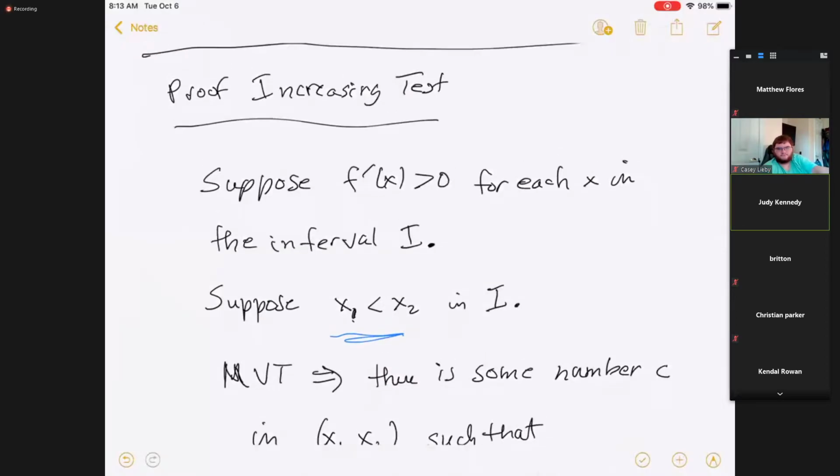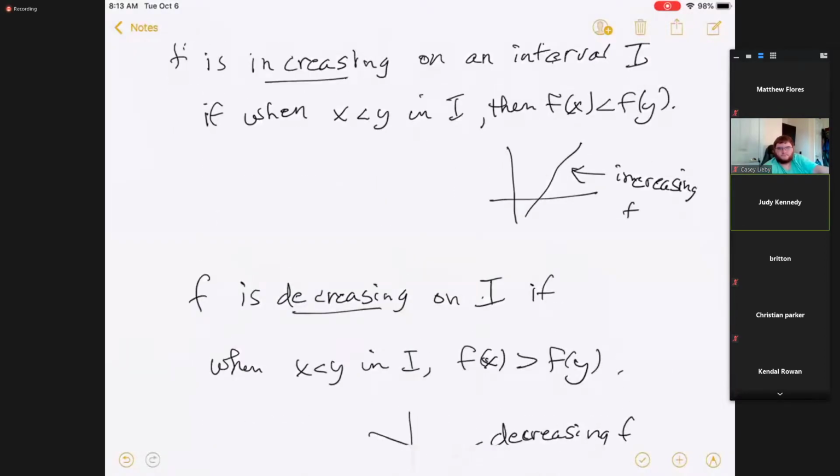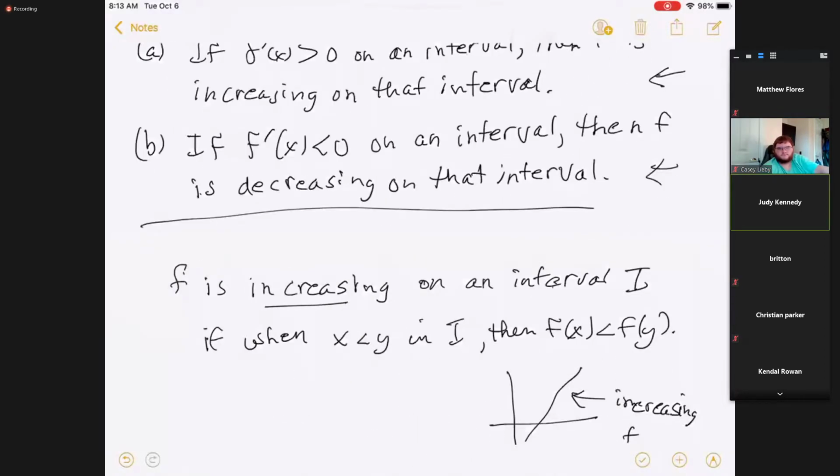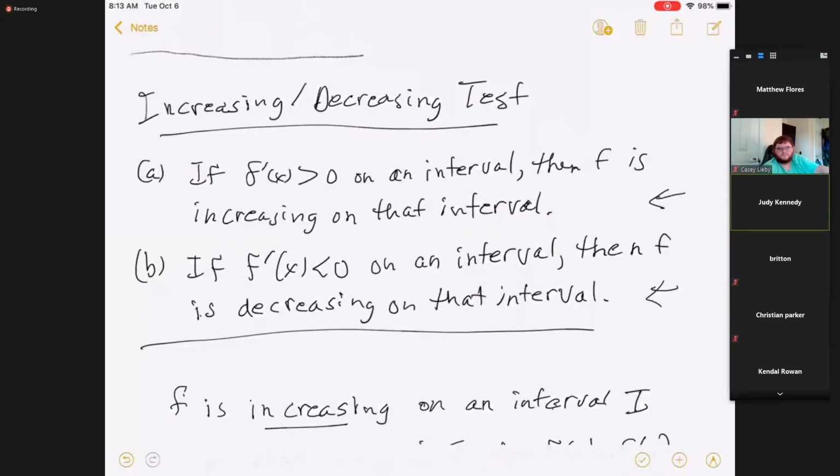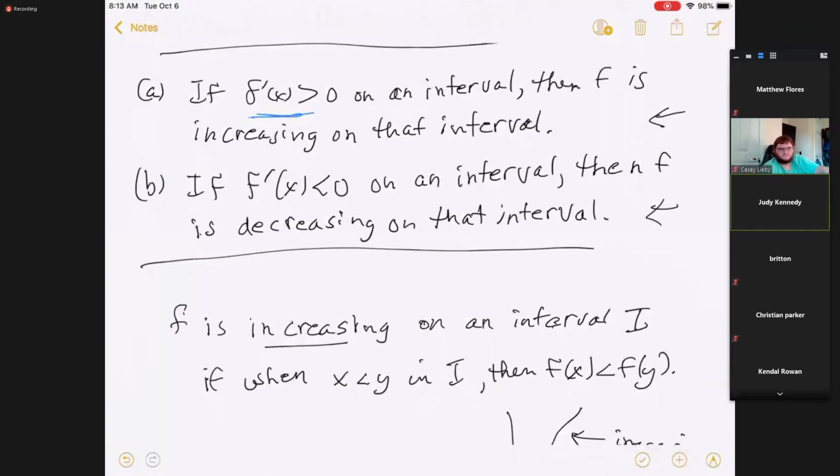So it's an easy little proof, almost obvious. But if we know that the derivative is positive, we can conclude that the function's increasing on an interval. In a very similar manner, if the derivative is negative, the function is decreasing on that interval. Any questions?